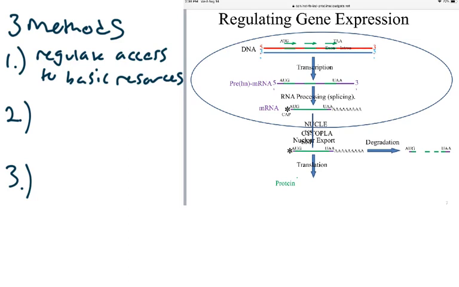We can regulate when DNA is transcriptionally active or not. We can also regulate when transcription factors are present. All the basic machinery that is needed to start transcription, we can regulate those elements to ensure that we're only producing genes when necessary. Next, we can also regulate the production of the product from these resources.